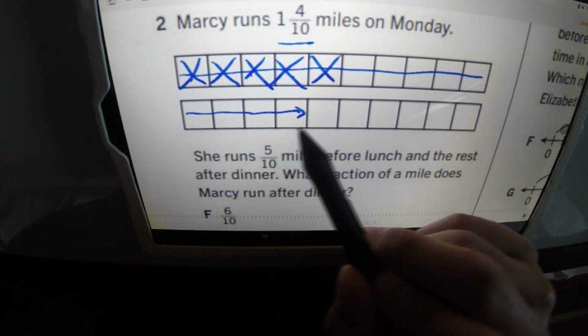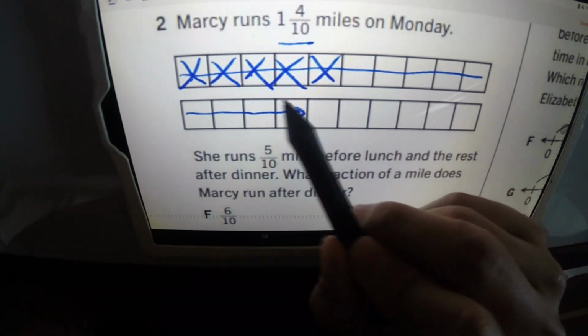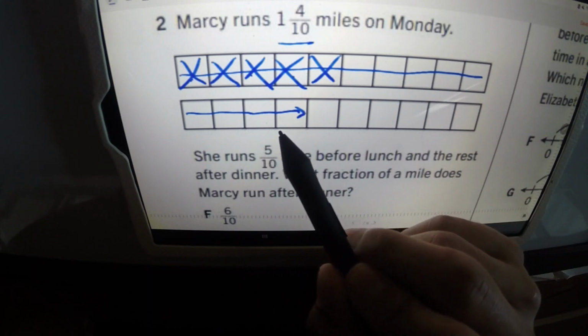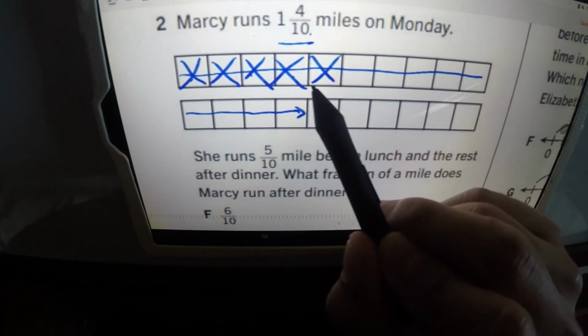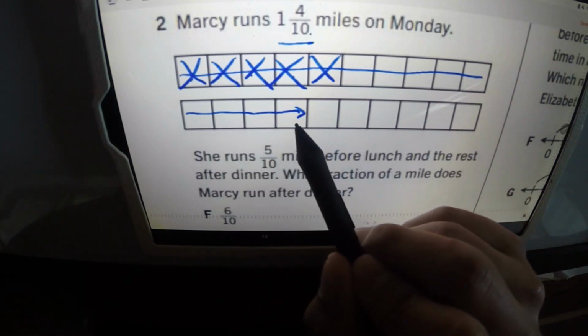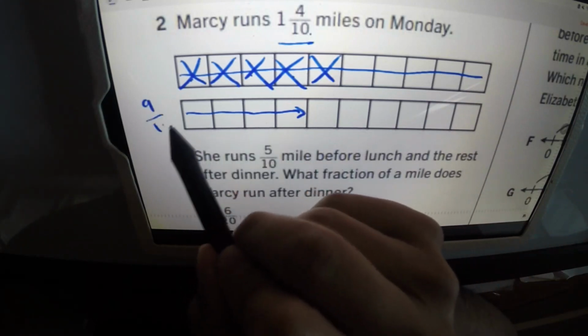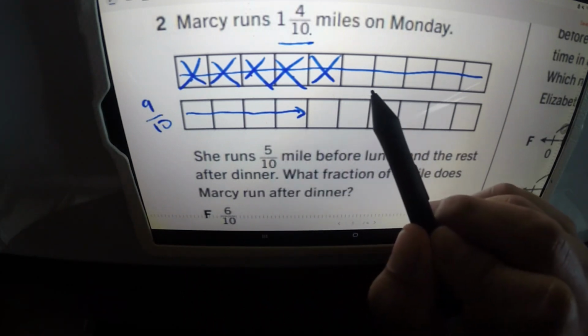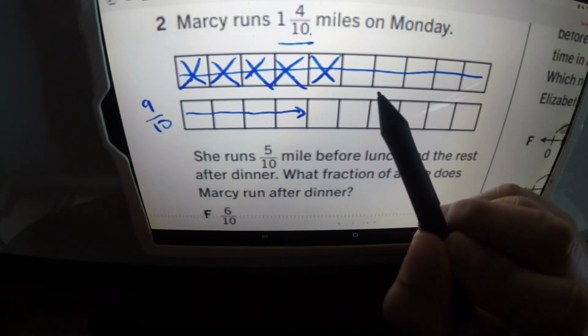So 9 over 10. Again, this is the same thing, where this is all 10, and we have the same denominator, 10. 1, 2, 3, 4, 5, 6, 7, 8, 9. So that leaves us 9/10, because all these blocks represent 1/10, and there's 9 of them.